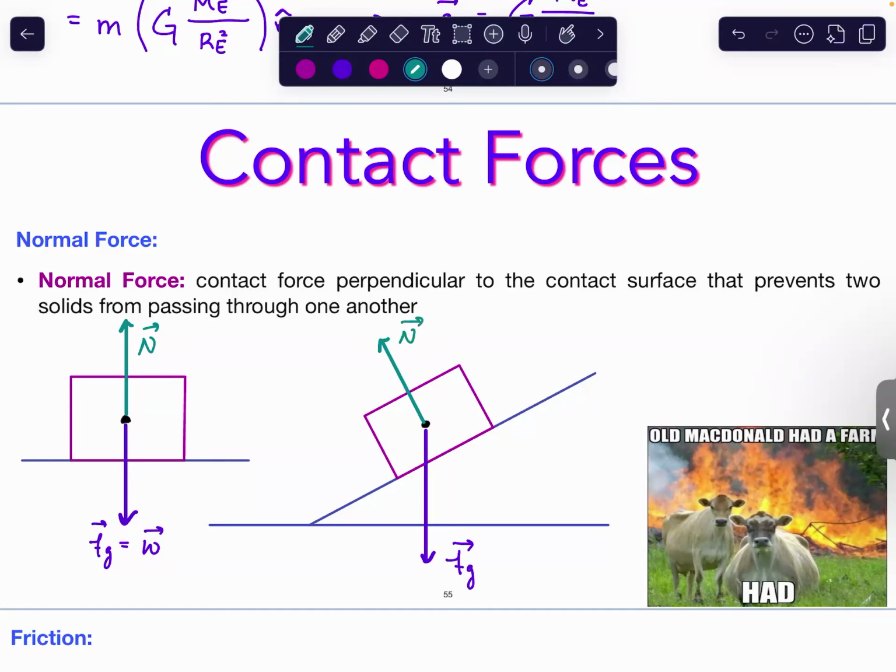Okay, and again, one thing we could do here is set our x and y. That's going to be our x. So then our y, your normal force lies directly on the y.